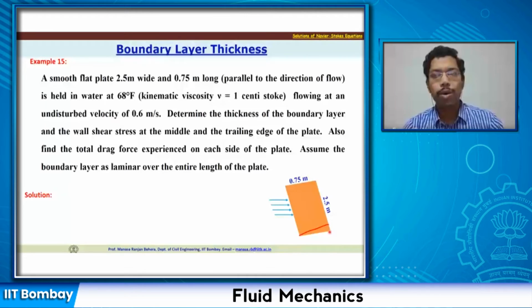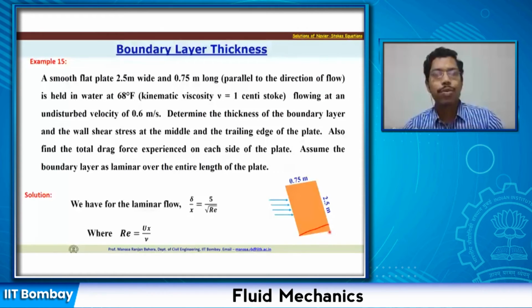Now we already know delta by x equals 5 divided by root over Rex. Re is equal to Ux by nu, and nu is nothing but mu by rho. So all these things are known to us. What are the parameters given to us?